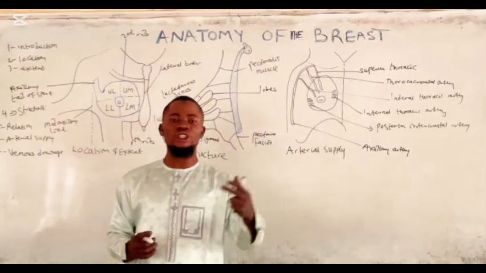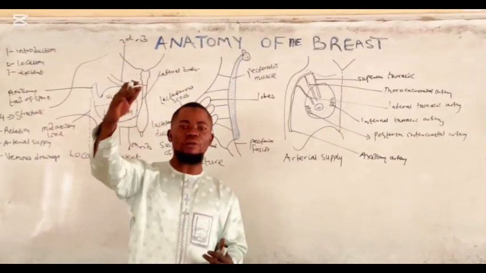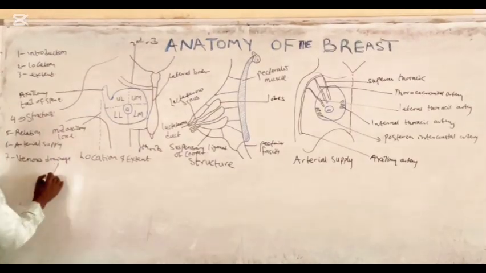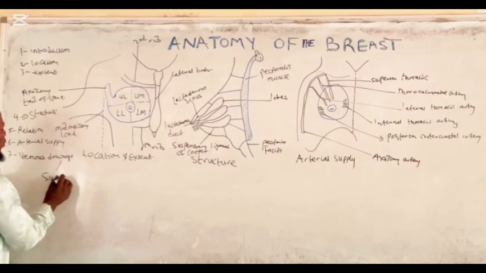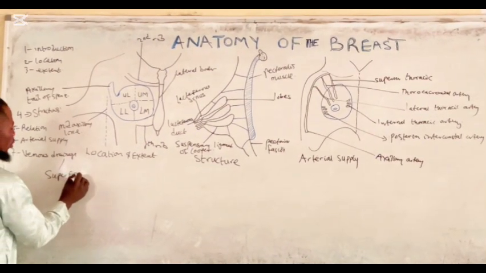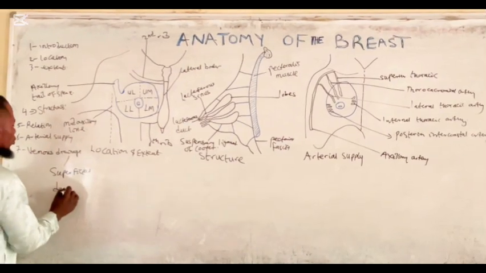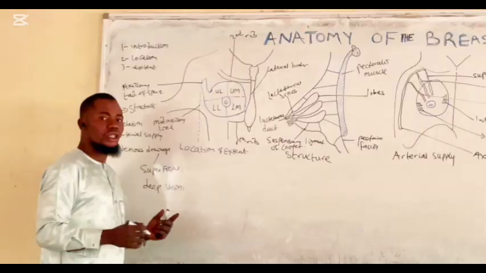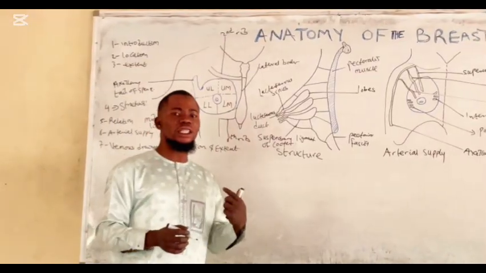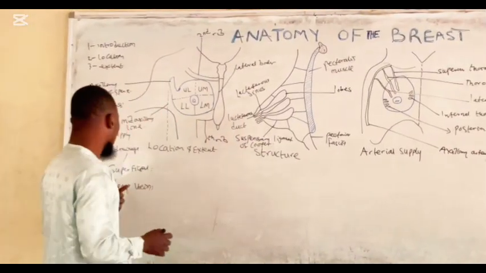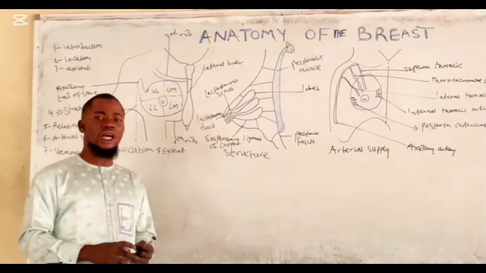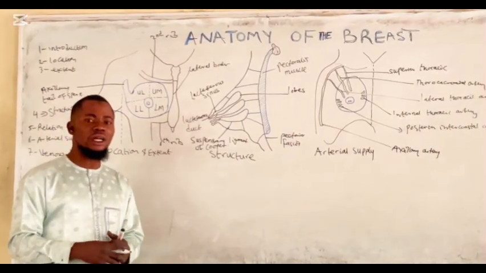From there, they run in two sets: as the superficial and as the deep veins. The superficial veins drain into the internal thoracic vein, while the deep veins drain into the internal thoracic vein, axillary vein, as well as the posterior intercostal vein.